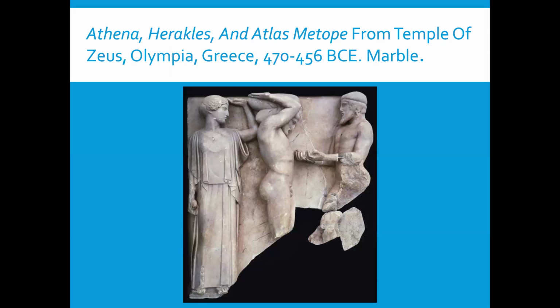And Heracles was the founder of the Olympic Games. Notice I'm saying Heracles and not Hercules. Hercules is the Roman name. Heracles is the Greek. He was named after Hera, who Zeus cheated on to have this child.